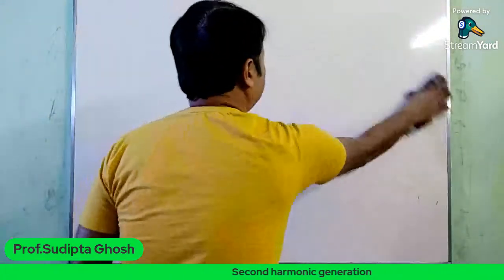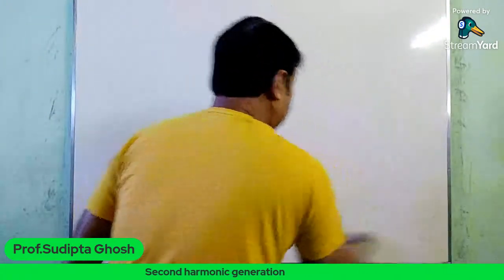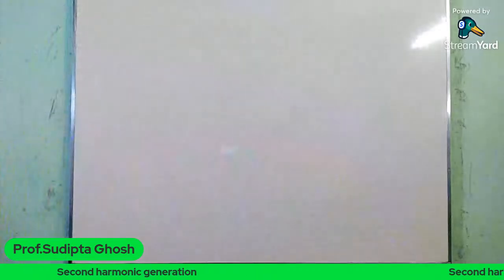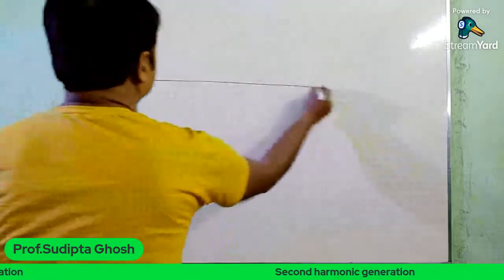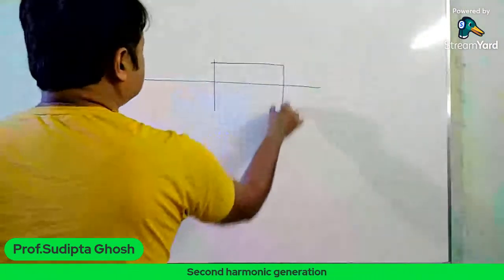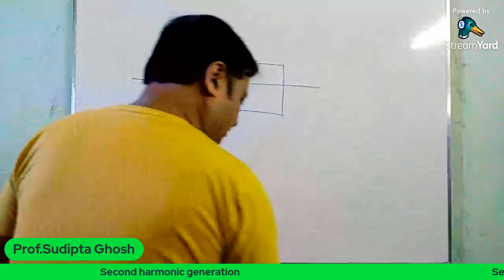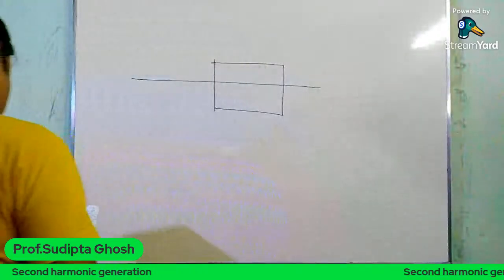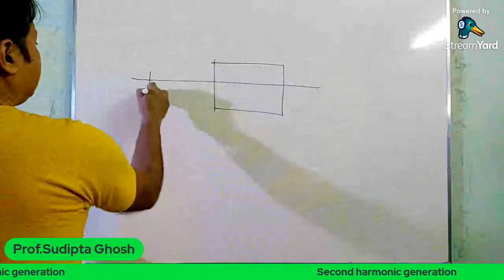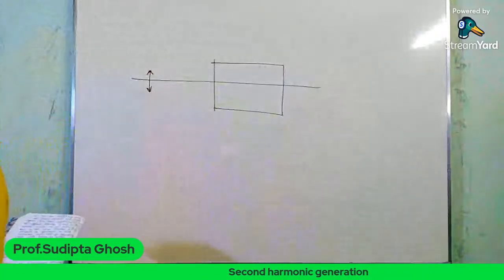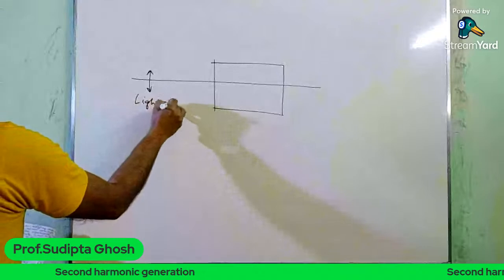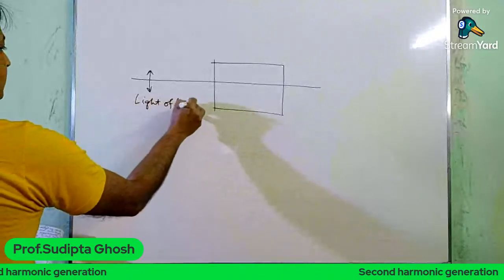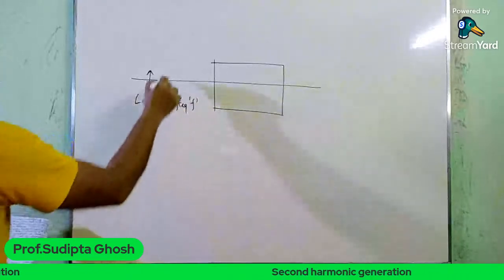It may be KDP, it may be ADP, it may be lithium niobate. Just take this type of materials. So this is the nonlinear material, and let there be light of frequency f.